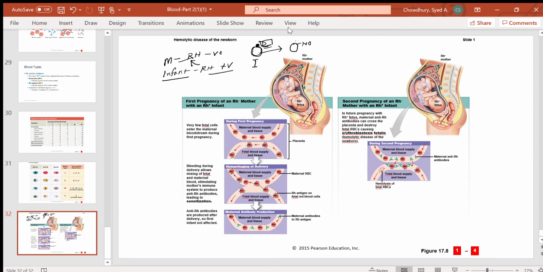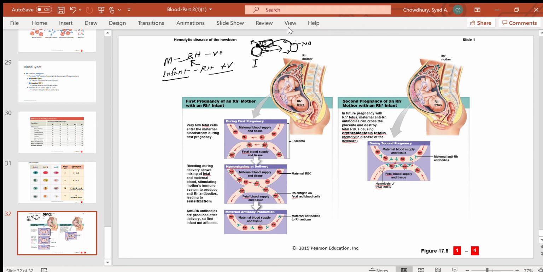So when the infant's blood brings the D antigen into the mother's body, since it is coming from outside, the mother's body will respond and produce a huge amount of D antibody. Make sense? Antibody will be produced, and that antibody will enter into the fetus from the mother.